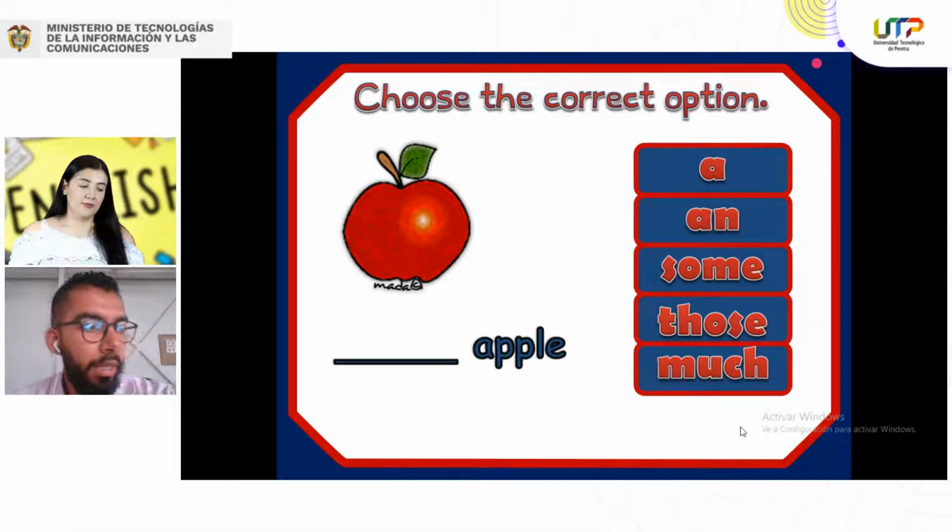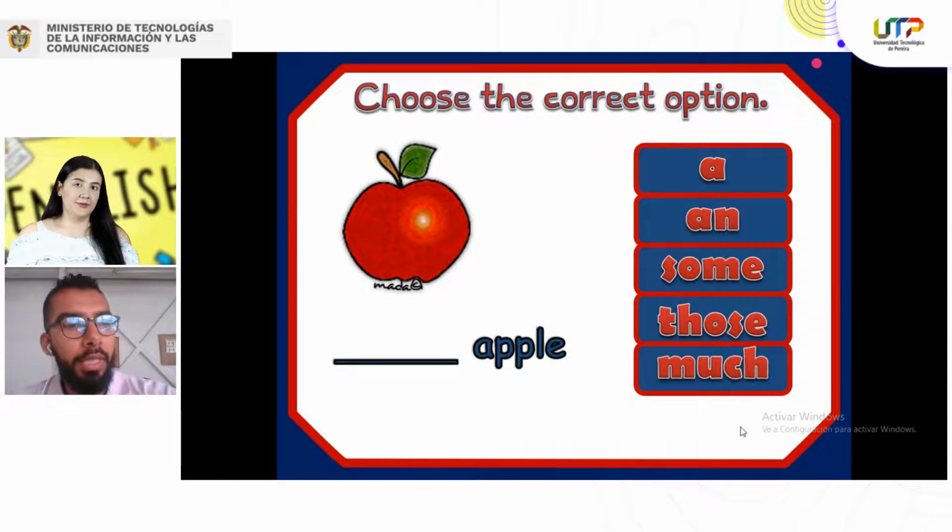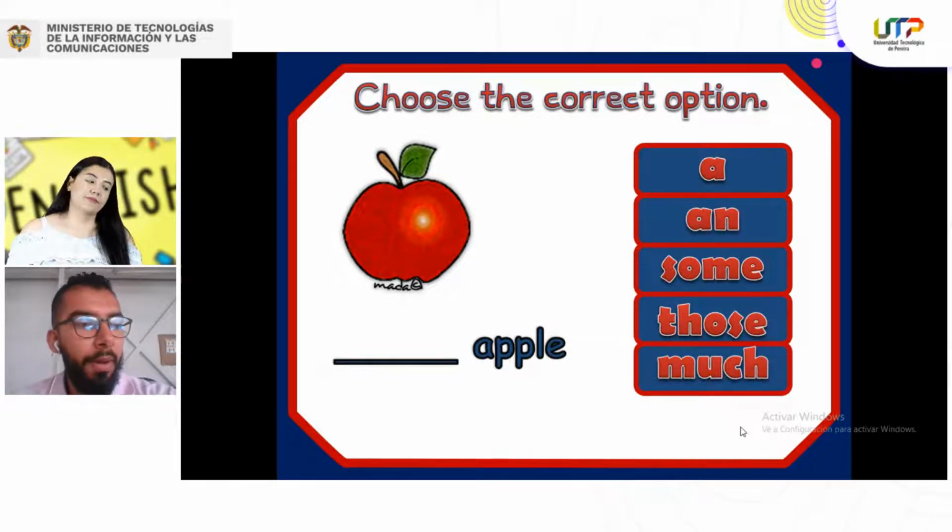I think the only person who wrote a different answer was Luisa, some, but the majority agreed that it is an. Okay, yes. I think Luisa was confused because she maybe thought it is possible to use some with apple when it is plural. Yeah, that is also possible, but only if it is plural. In this case, it is just one.